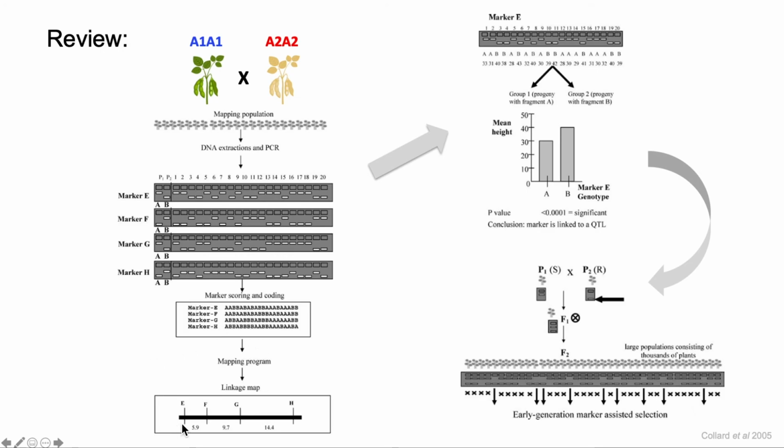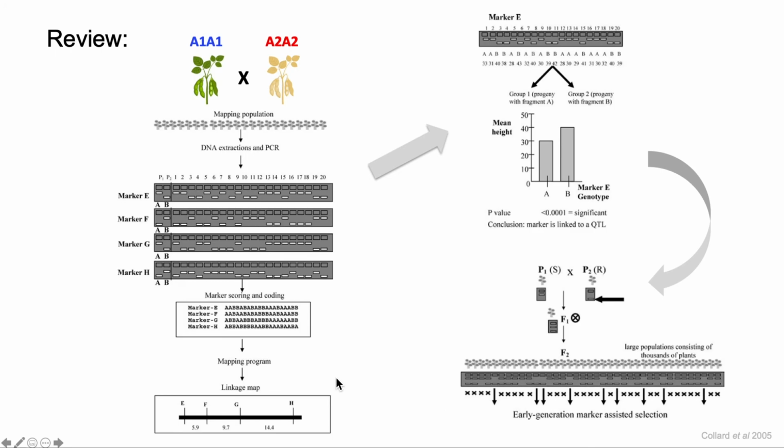Remember that the genetic map is basically a way to group the molecular markers by chromosomes. And here it's important to point out that the bigger your population is, the higher the resolution of your genetic map is going to be.